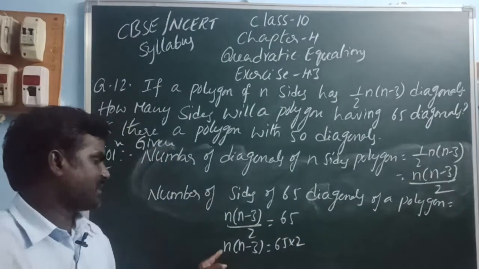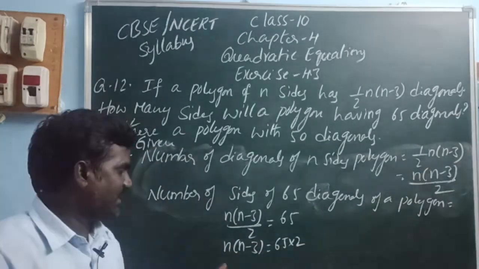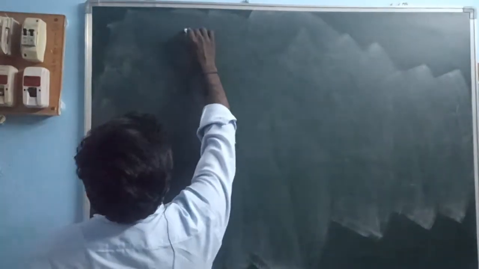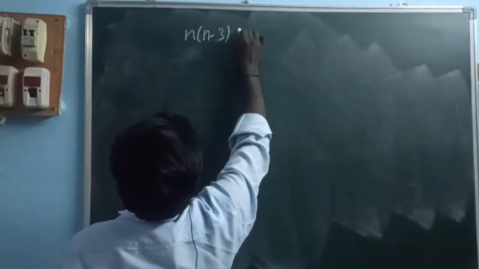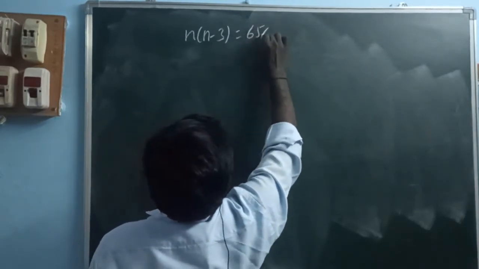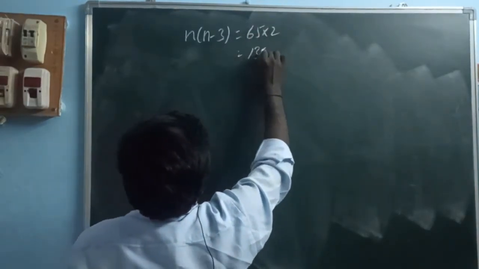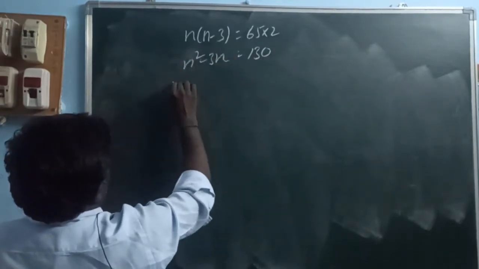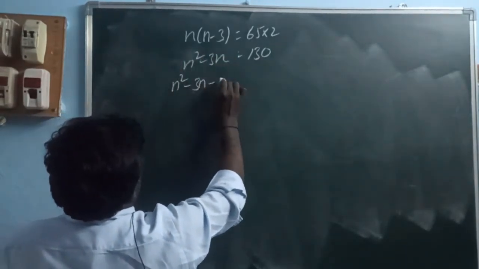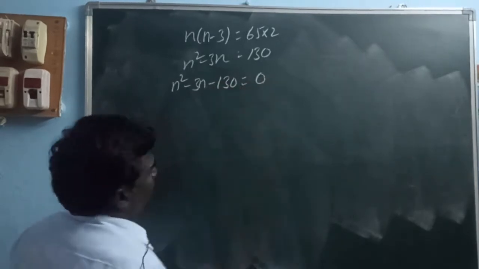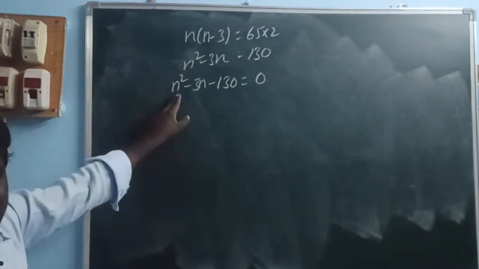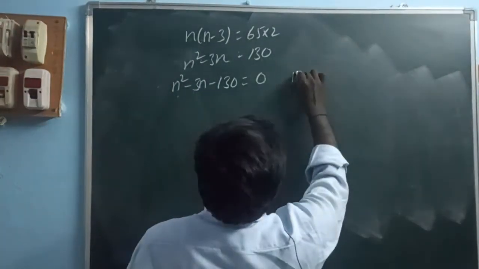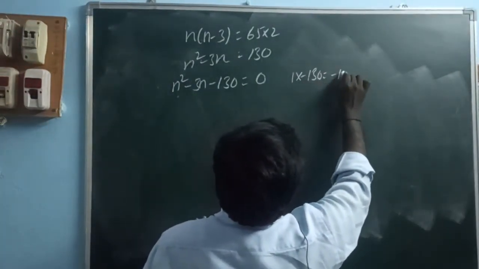So n of n minus 3 gives n square minus 3n, which is equal to 65 into 2, that is 130. So n square minus 3n minus 130 is equal to 0. Here the coefficient of n square is 1 and the constant is minus 130, so the product is 1 into minus 130, which is minus 130.